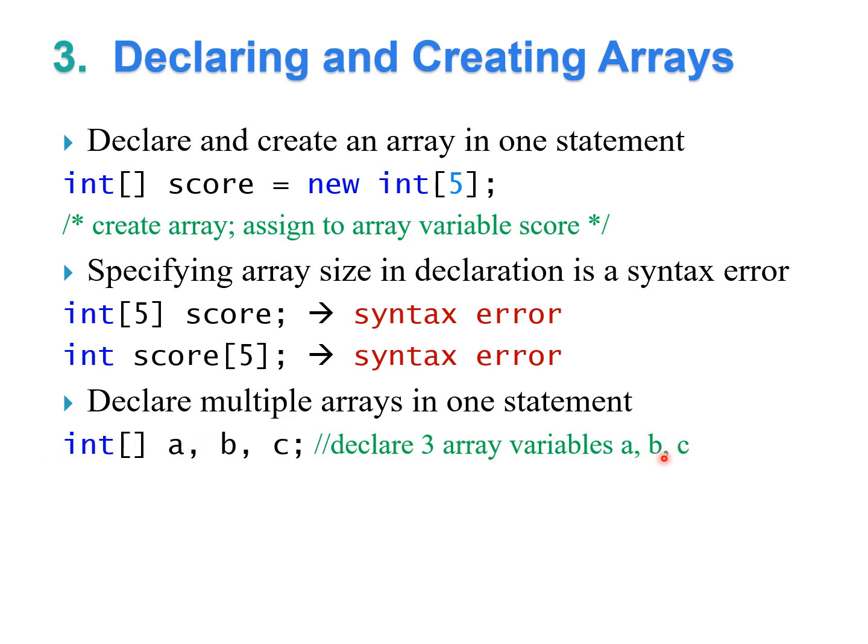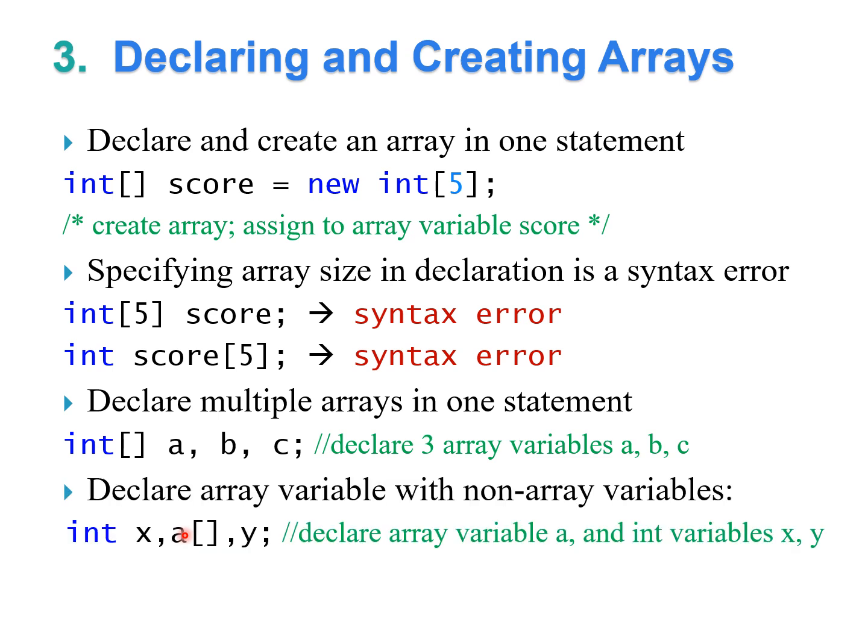All of them are of the element type int. And you can also declare array variables with non-array variables in the same statement. For example, in this statement, you declare the array variable a and also declare the int variables x and y.